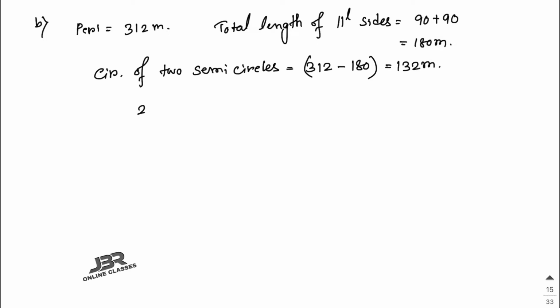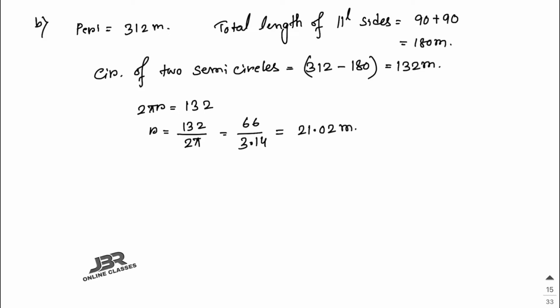So suppose 2 pi r equals 132. That means r equals 132 by 2 pi, so 66 by 3.14, that equals 21.02 meter, the radius of the semicircle.